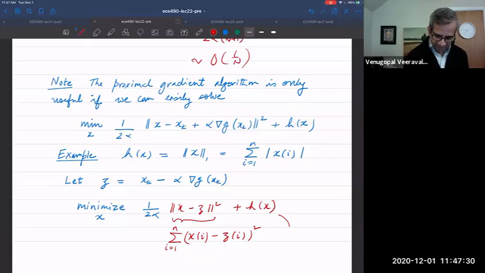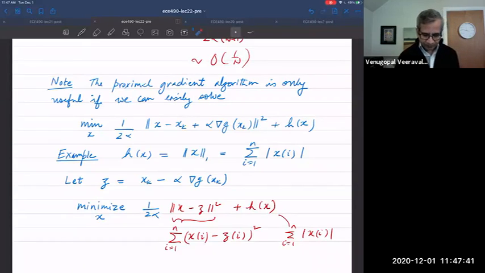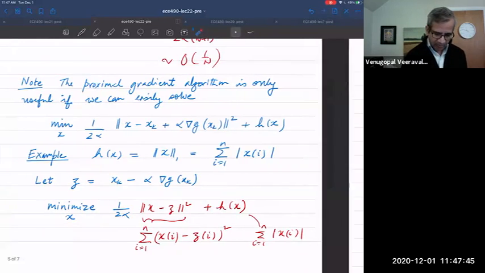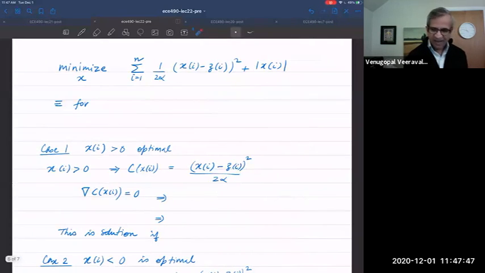So this is the sum, the sum of the absolute values of the xi's. Okay. So the minimization problem can be written like this. You want to minimize the sum. I just combine the two sums together. So it's this quadratic term plus this absolute value.